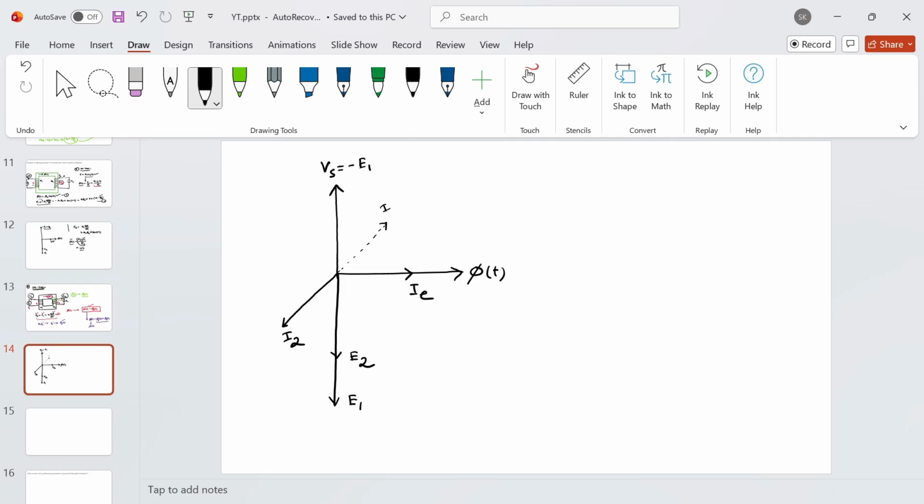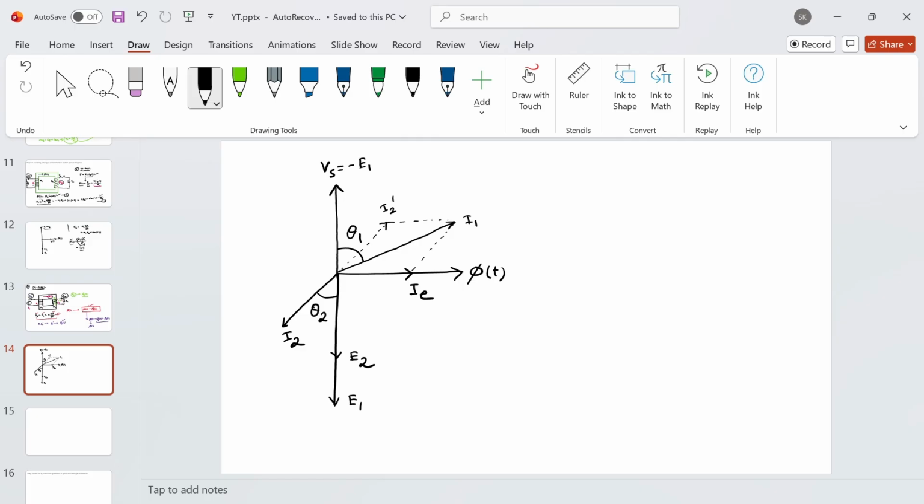So this is my I2 prime, and these two currents will produce a resultant current that we call the primary current I1. So this is my load power factor angle theta 2, and this is my input power factor angle theta 1. Okay, so this will be your phasor diagram under the loaded condition.